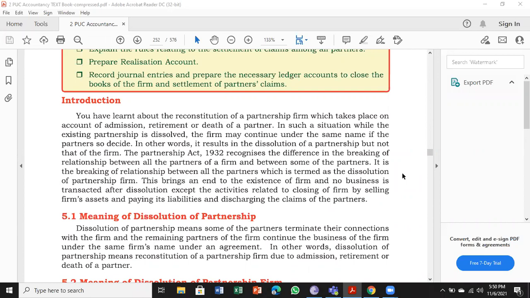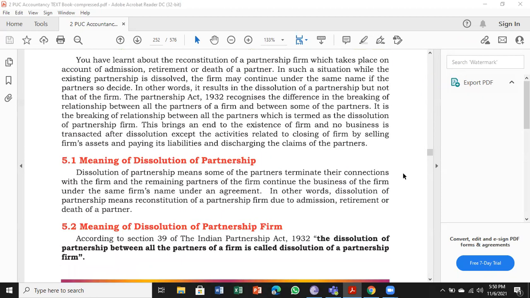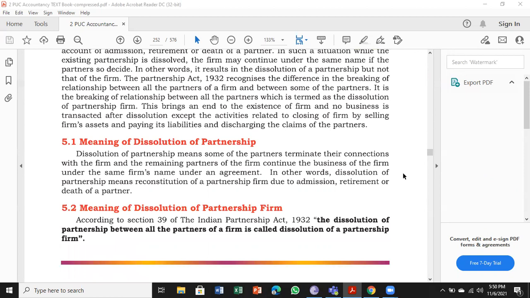But in case of dissolution of partnership firm, you have to understand that the existing business will come to an end, and the business will not be continued in the same name, and each partner will not have any connection further.